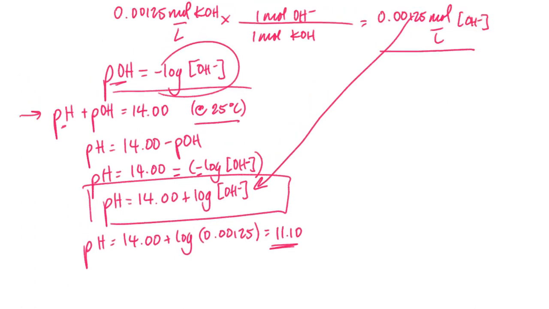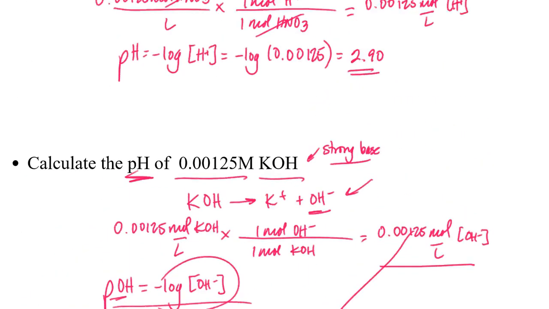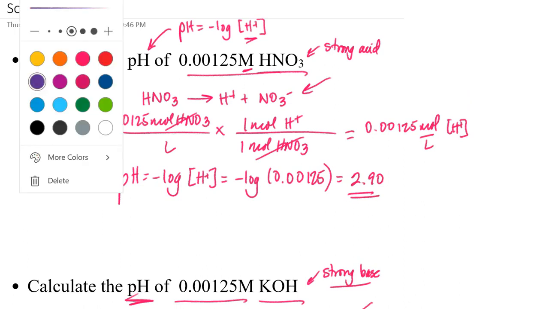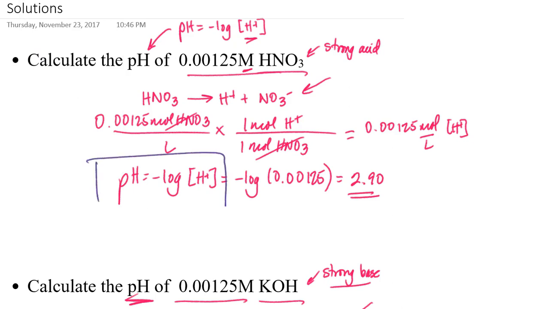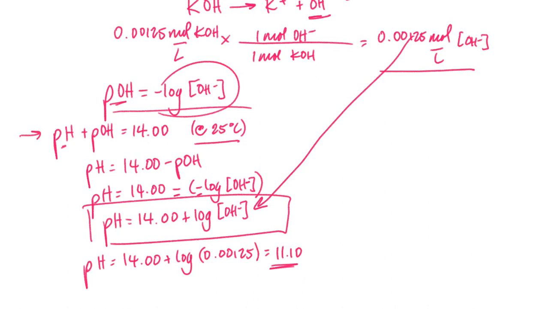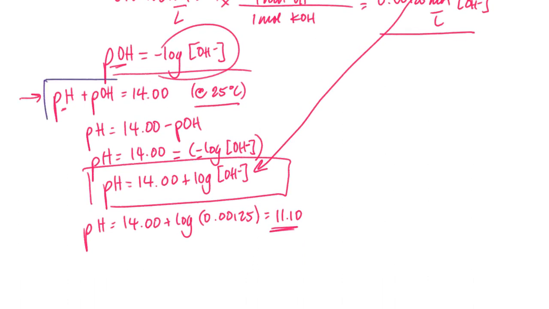So really, these problems that involve strong acids and strong bases involve using some of these relationships that we talked about in the prior pre-lecture tutorial, such as pH is equal to negative log of the hydrogen ion concentration, and pH plus pOH is equal to 14.00. pOH is equal to the negative log of the hydroxide ion concentration.